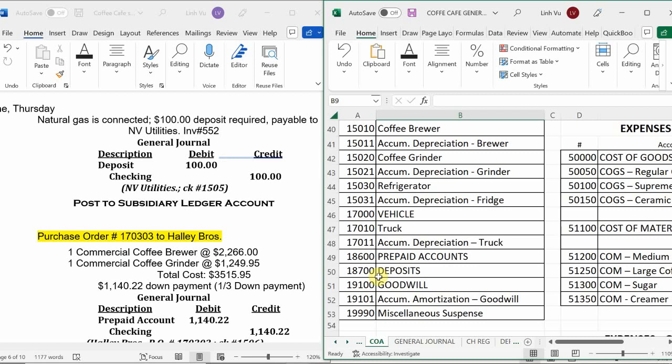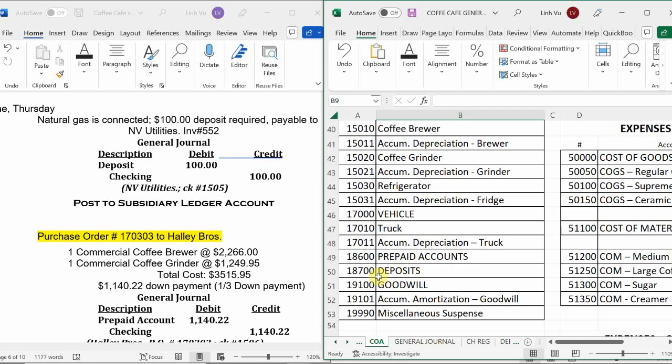Okay, so in this case, it's going to be considered a prepaid accounts, which once they ship out and send us the bill, that prepaid accounts is going to go towards our bill because we're making a down payment, right? We're not going to get that money back. That money is going to go towards the bill. So in this case, we have to understand that we're making an advance payment.